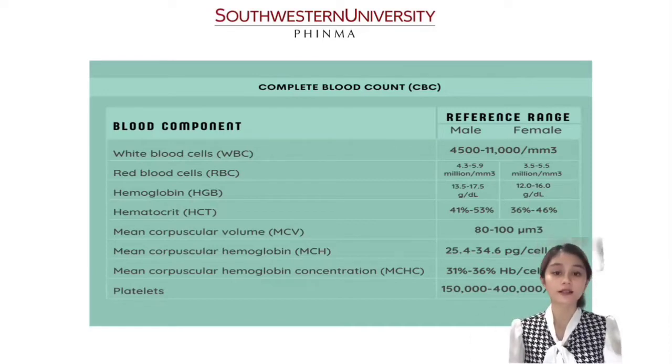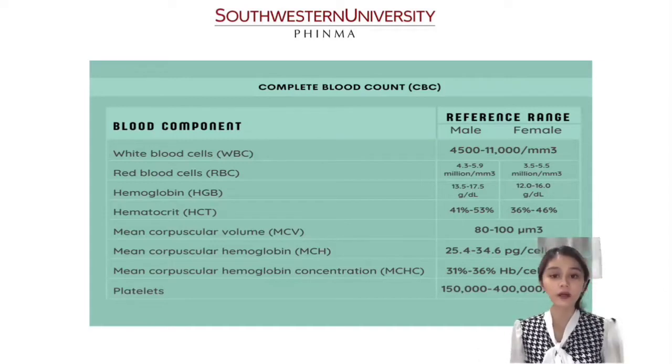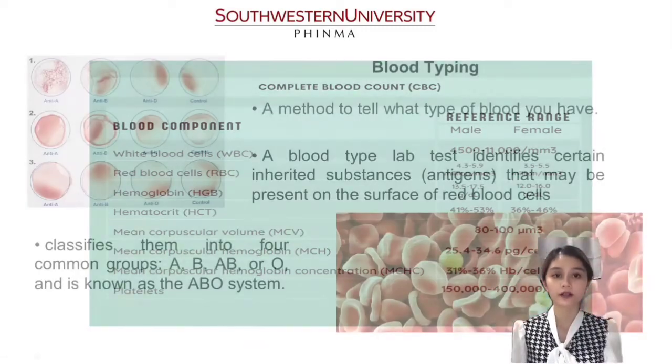Complete blood count has blood components, and these are white blood cells, red blood cells, hemoglobin, hematocrit, MCV, MCH, MCHC, and platelets. And on the right side are the reference range for both male and female.